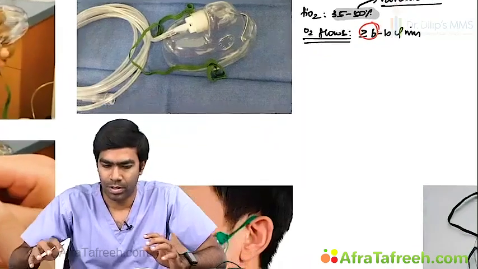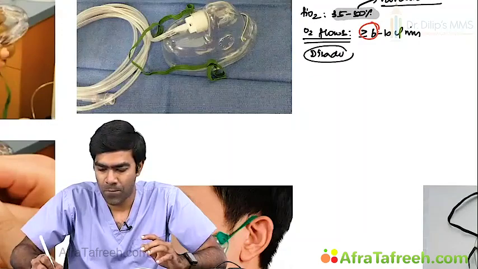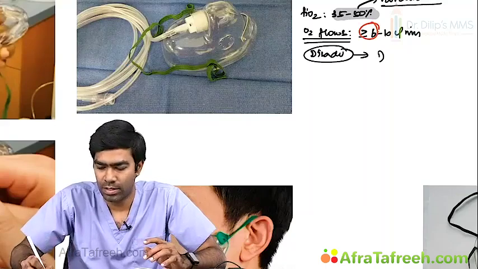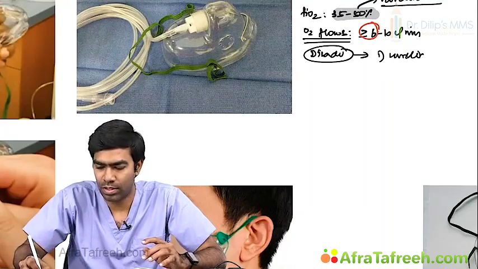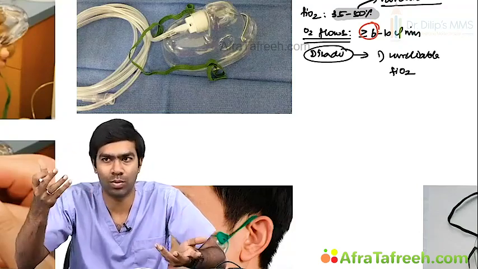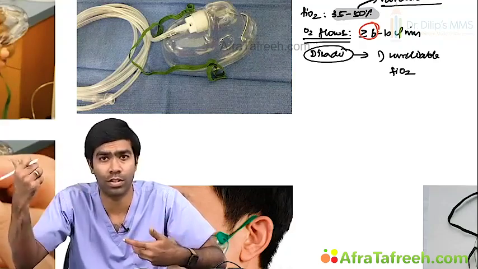Okay. And what are the disadvantages? Number one is unreliable FiO2 because of atmospheric air entrainment. Your atmospheric air can move through the sides, and CO2 can be retained in the mask, which can act as a CO2 reservoir instead of an O2 reservoir if you're using a low flow.